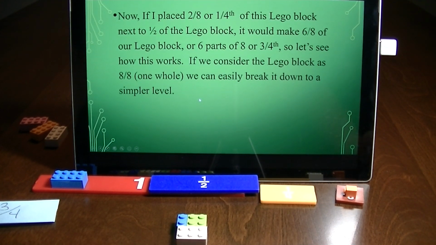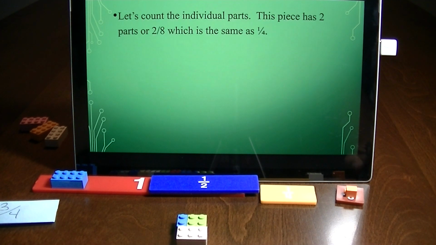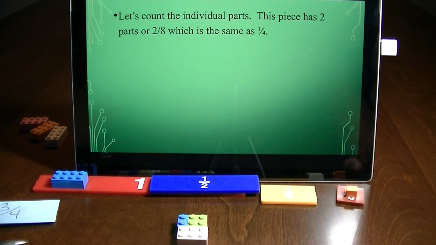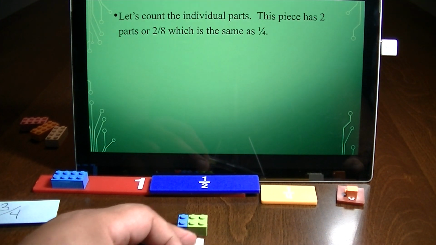If we consider the Lego block as 8/8, one whole, we can easily break it down to a simpler level. Let's count the individual parts. This piece has 2 parts, or 2/8, which is the same as 1/4.